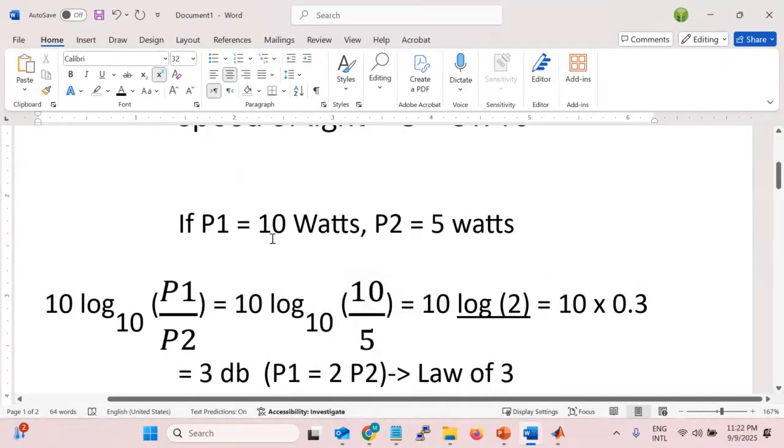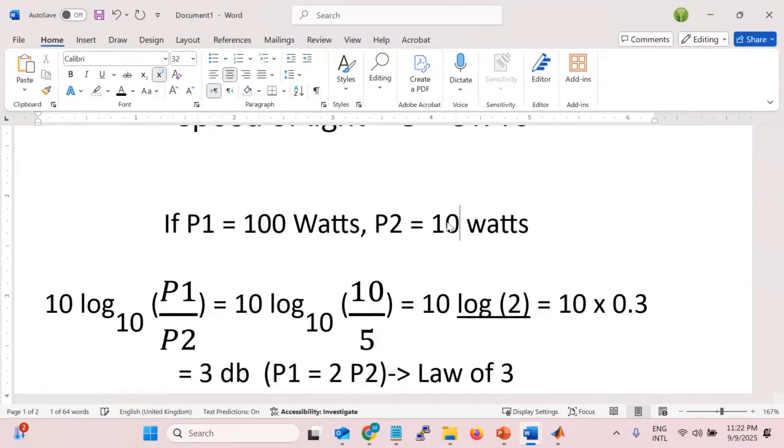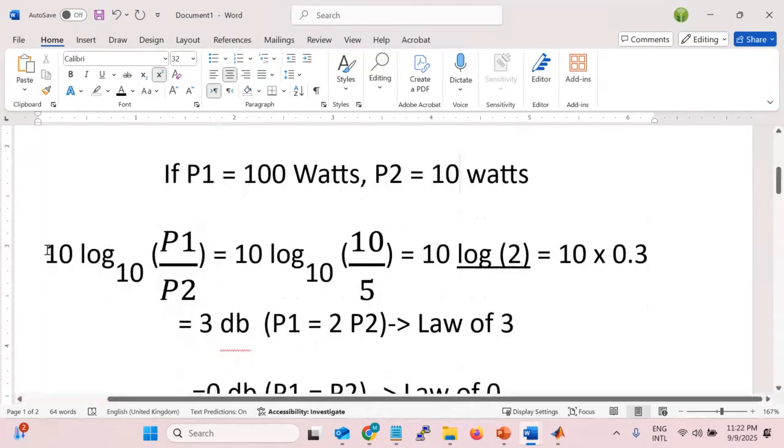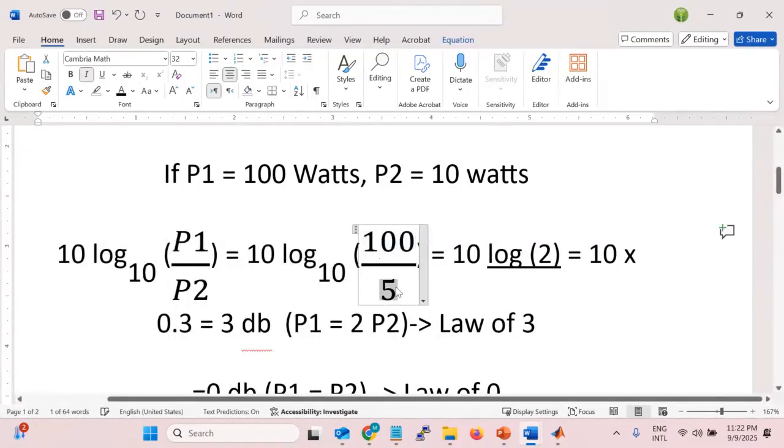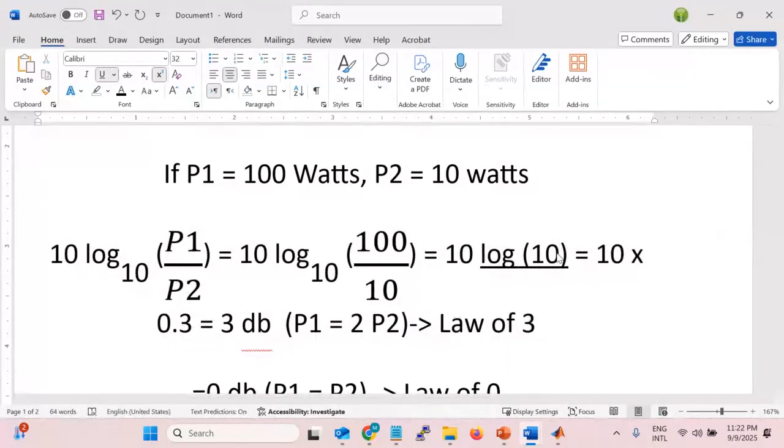Now if power 1 equals 100 watt and power 2 equals 10 watt, then 10 log P1 divided by P2 equals 10 log 100 divided by 10, which equals 10 log 10.